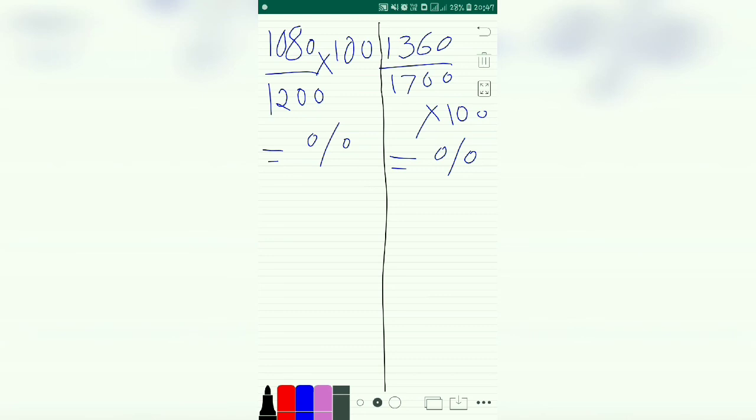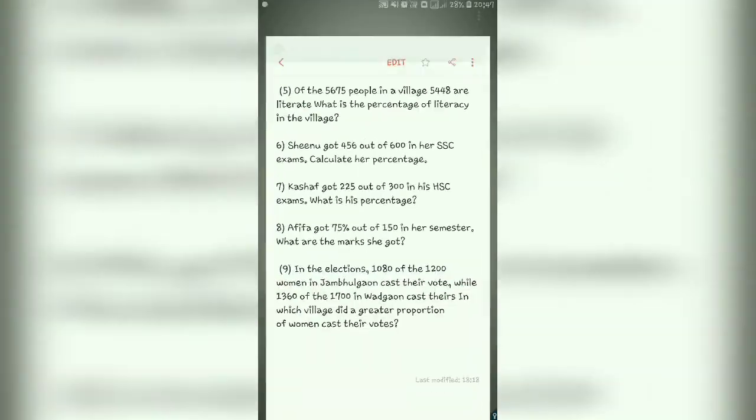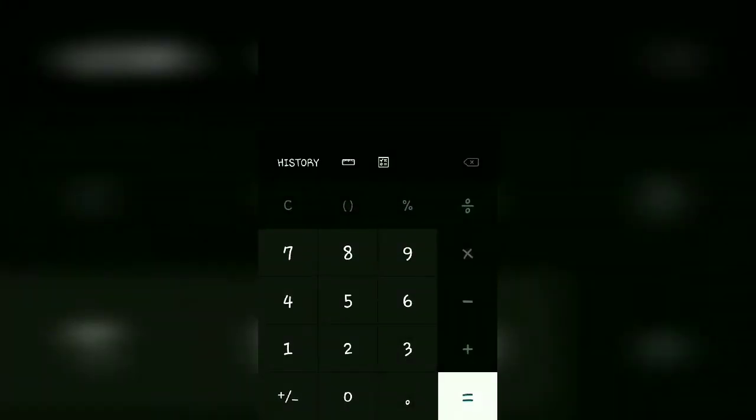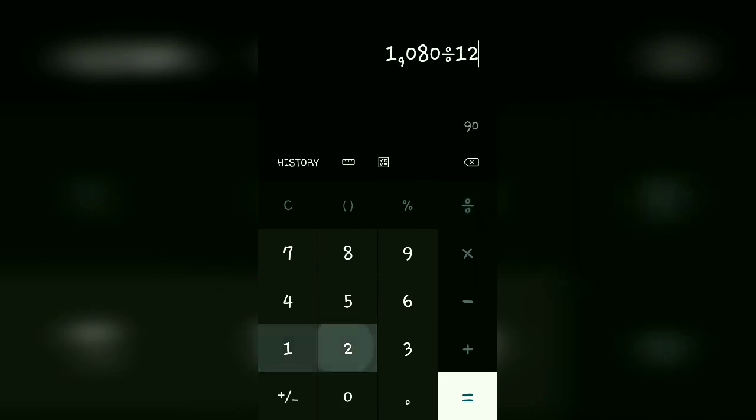Let's start cutting the zeros. 1 2 1 2 1 and 2 and 1 and 2. 1080 divided by 12, 90.